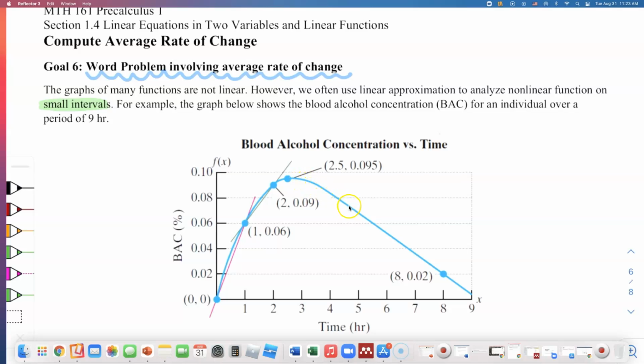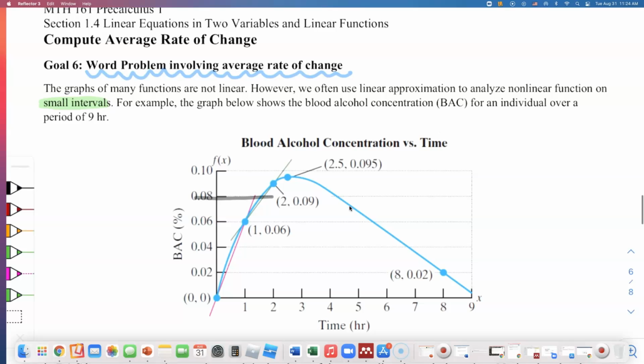So probably, I can't remember what the safe, let me see. BAC for driving. Blood alcohol level for driving. They said 0.08 is the federal limit for legally driving in the United States. So it has to be below 0.08.